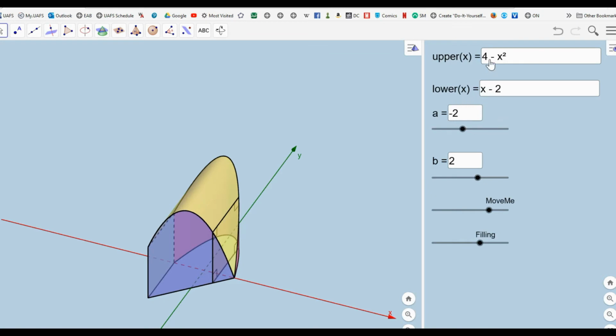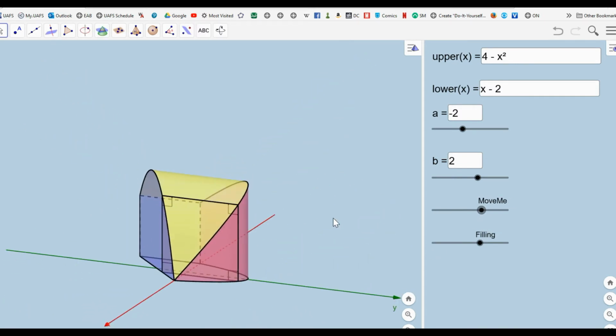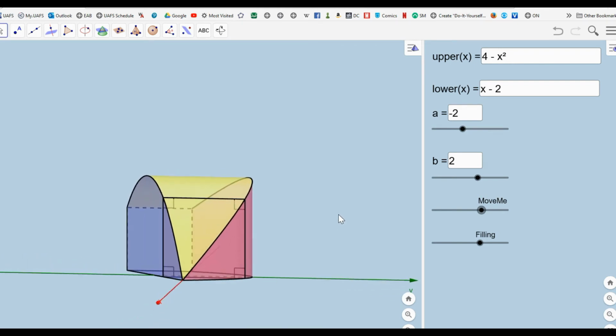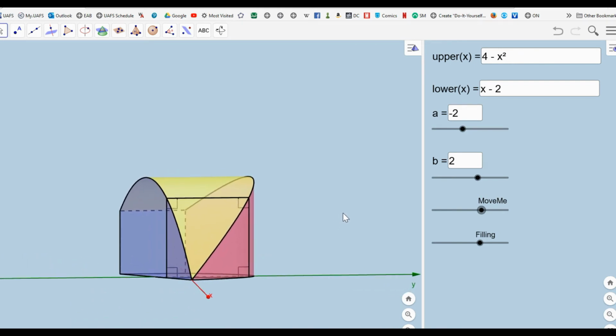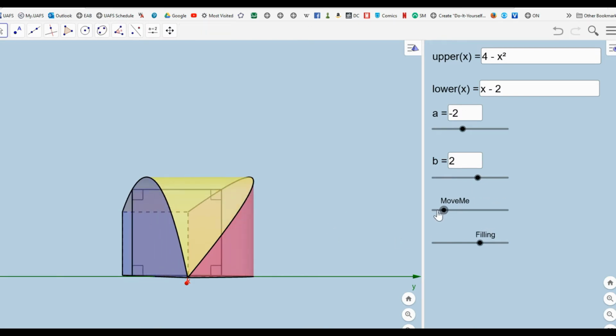Here it is in the app. You put in your formulas here and here, your boundaries here and here, and this one allows you to move, and you see that we get squares no matter where we slice it. If we were to turn this, looking straight at the x-axis, we'll see the squares.